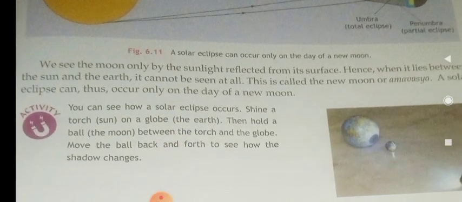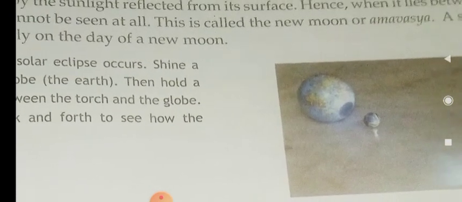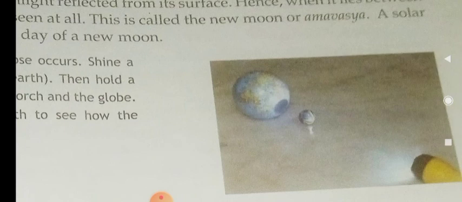Do you understand, children? So, you can do a simple activity to see how a solar eclipse occurs. Shine a torch. That is considered to be the sun. Use a globe, you have a globe, no? That's the earth. Then hold a ball, the ball is the moon.